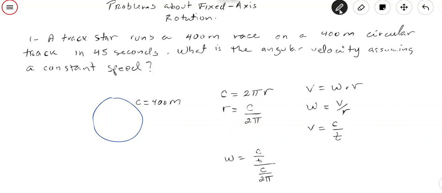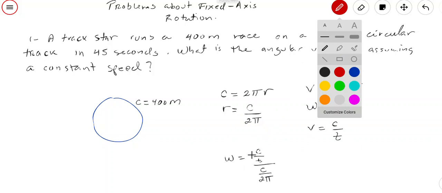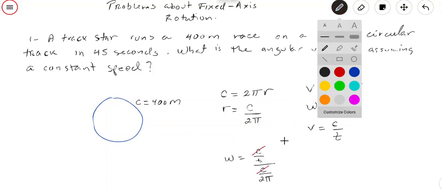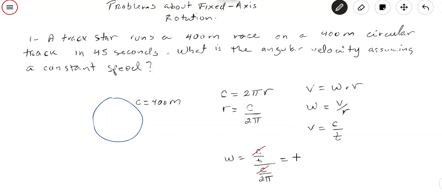Of course, I will be able to simplify the circumference here, so we get that the angular velocity is equal to 2 pi over the time, right? So it would be 2 pi over 45 seconds.